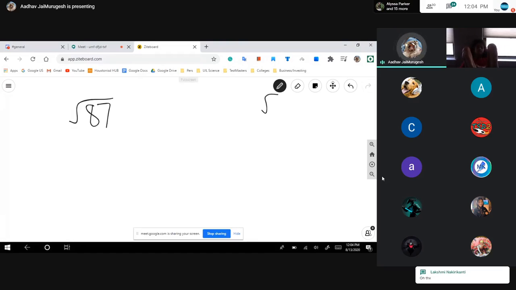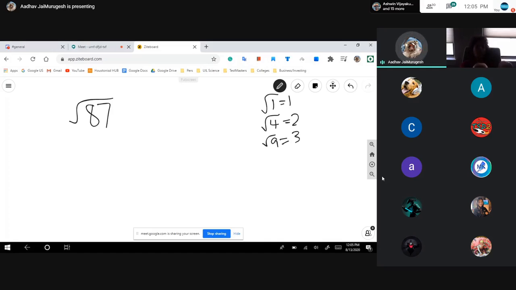The square root of 1 is 1, of 4 is going to be 2. I'll explain why I'm doing this later, but for right now just work on getting to know these perfect squares, because that's going to really help you do this trick really quickly.